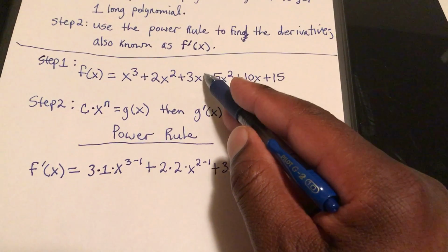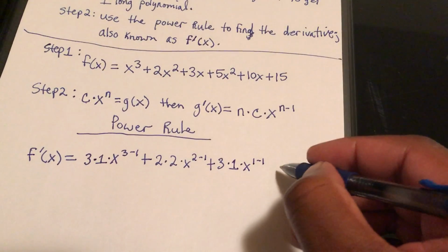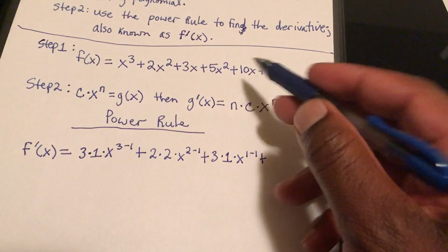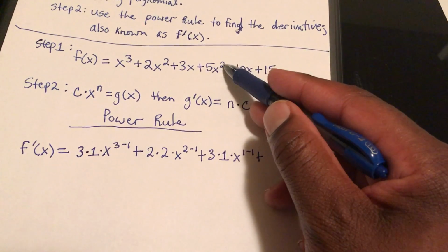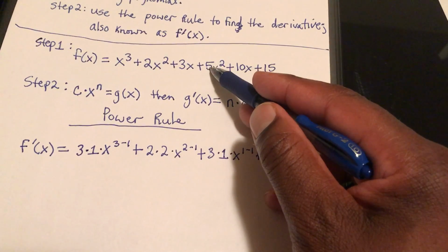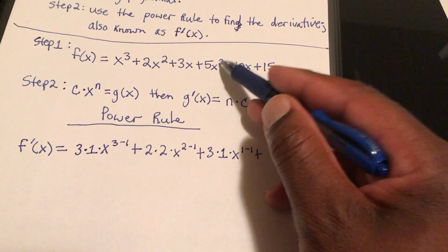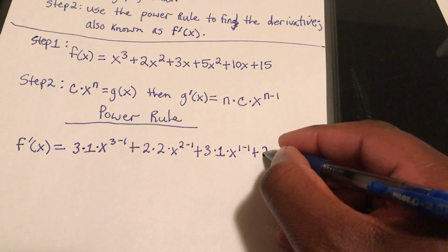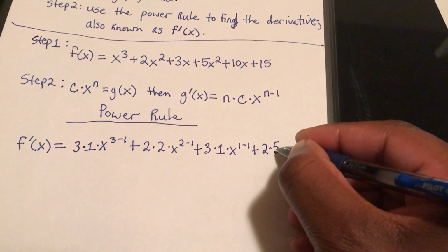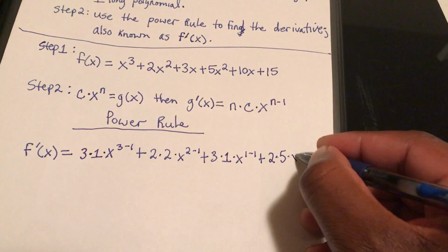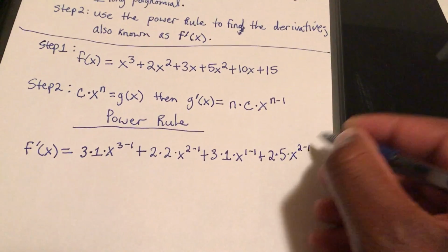X to the first power minus 1. Okay. Plus 5, plus 2 times 5, x to the 2 minus 1. Bring the power 2 down, times 5 times x to the 2 minus 1.